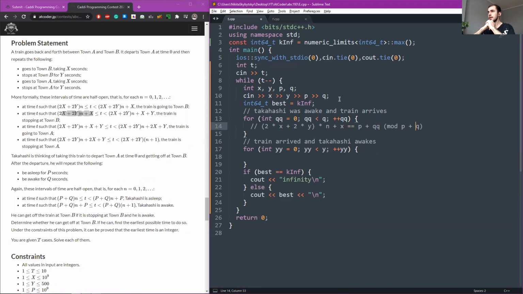It's not that we just have to solve this for n. Right? Only unknown is n. How do we solve modular equations for unknown multipliers? Obviously, we have to divide.